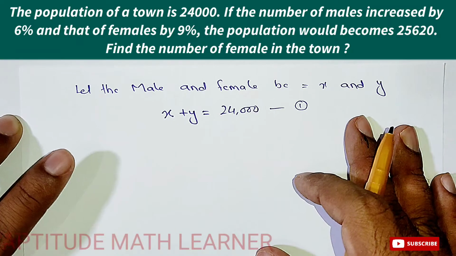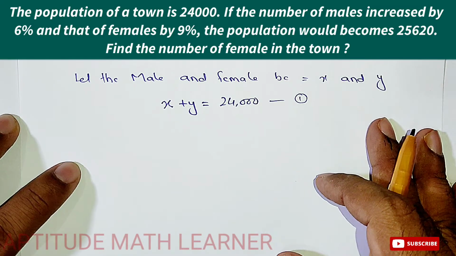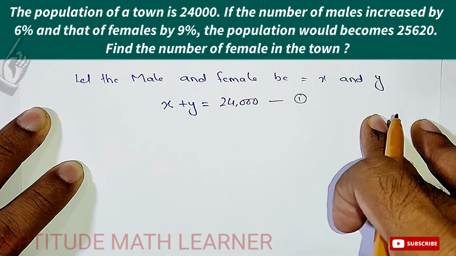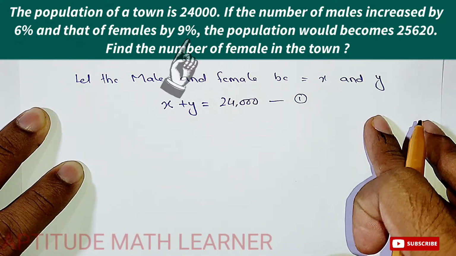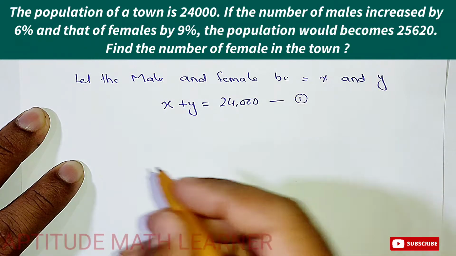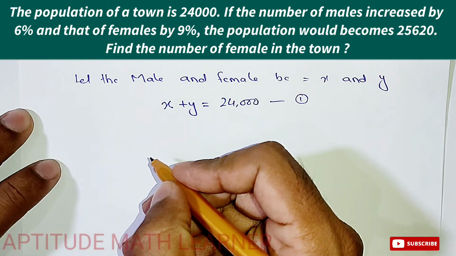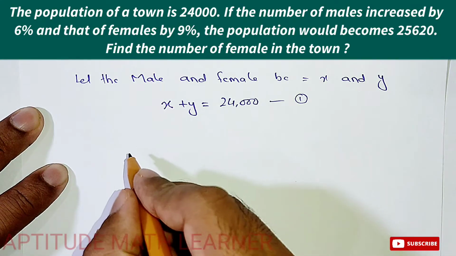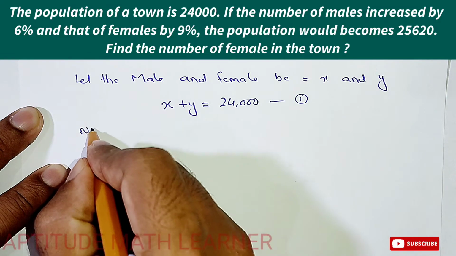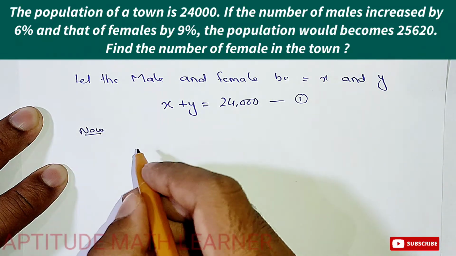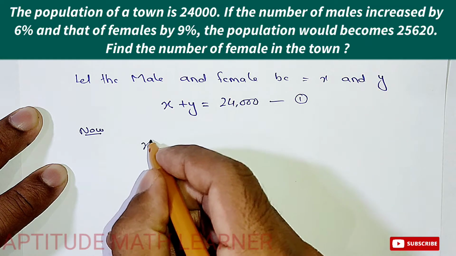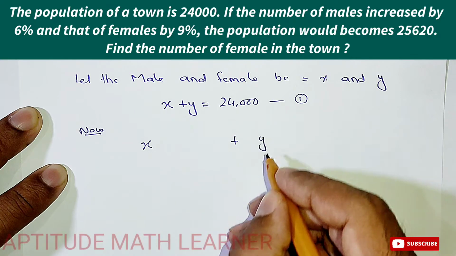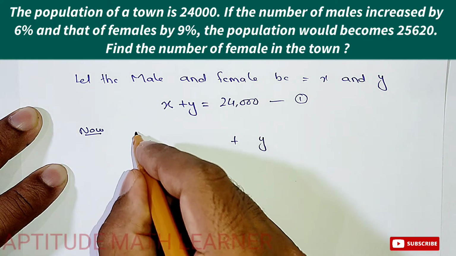Now after the increase, how much is the increase? The increase is 6% for the male and 9% for the female. After the increase, the new population is 25,620. You need to understand this portion. So now we have the population for the male, X plus, and this is for the female.